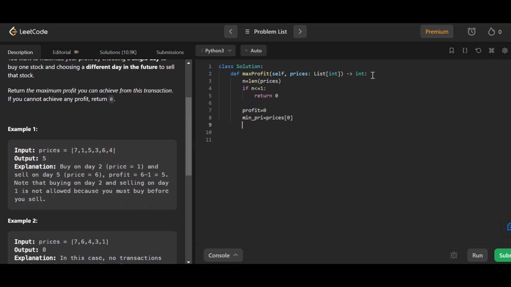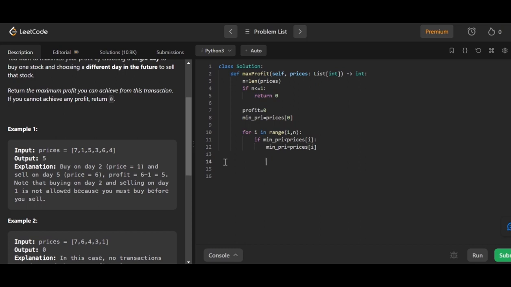This is okay. Now we will be starting a loop for i in range starting from the first index till the last. If this minimum price is less than that element, then we will be updating the minimum price to that value.